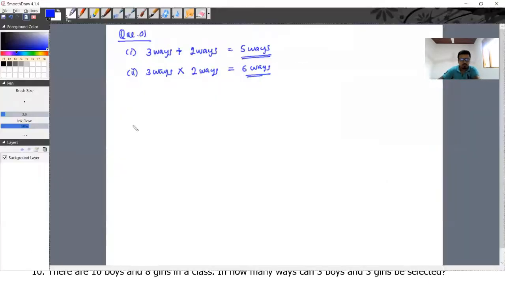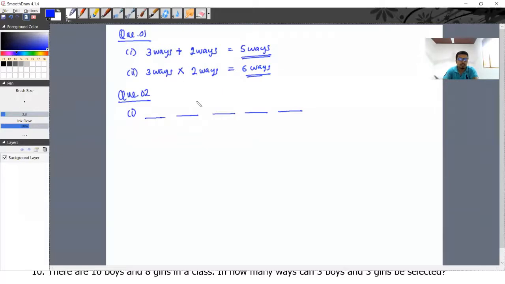Question number 2, part 1. What we need to do? We need to form a 5-digit number, but the repetition is not allowed.